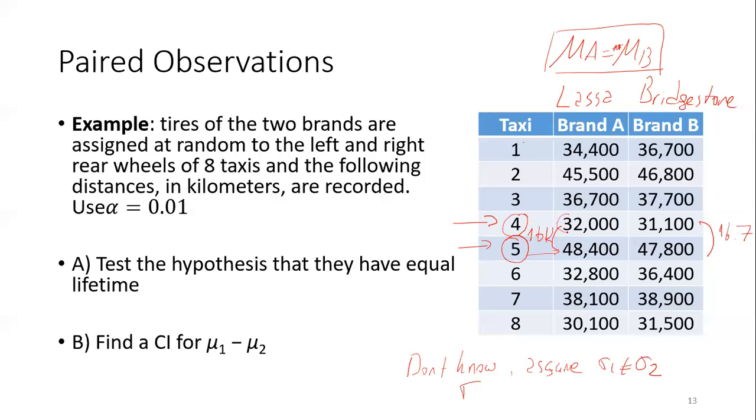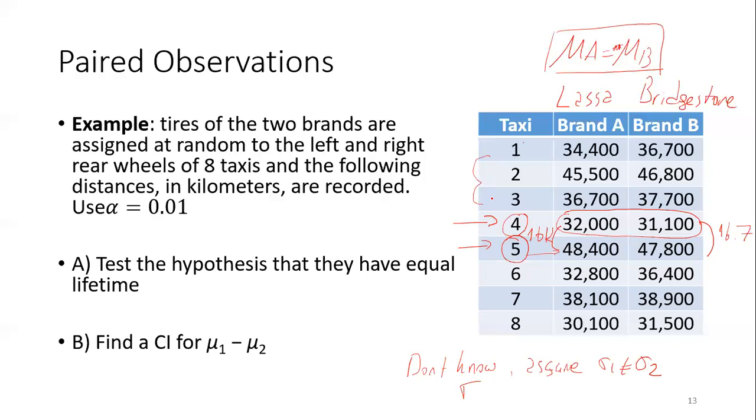So these are the numbers, the kilometers that he or she makes using his or her car. This is a young guy, very fast and furious, and this is a middle-aged guy like me. So as you can see, there is a difference not only in the brands, but also between the taxis.